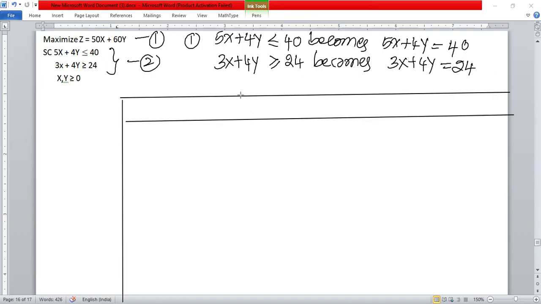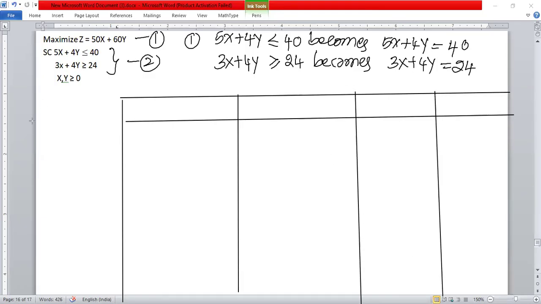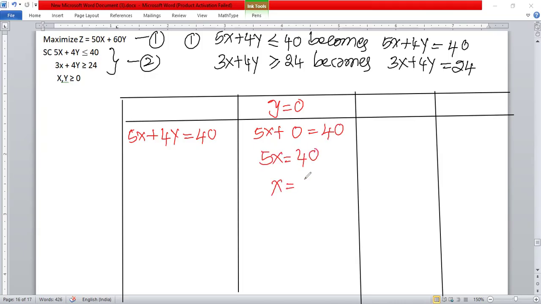Now, step number 2, to draw the graph, find the first one, 5x plus 4y is equal to 40. Put y is equal to 0. So 5x plus 0 is equal to 40. Therefore, 5x is equal to 40. X is equal to 40 divided by 5.